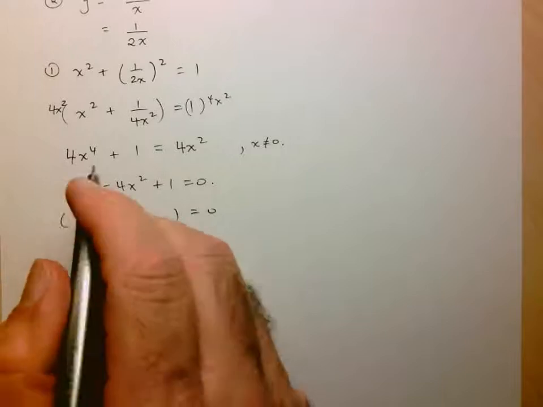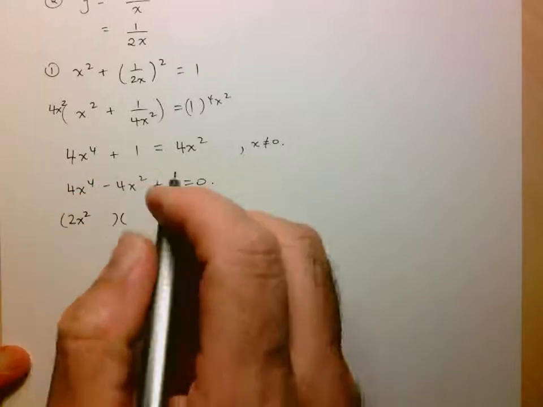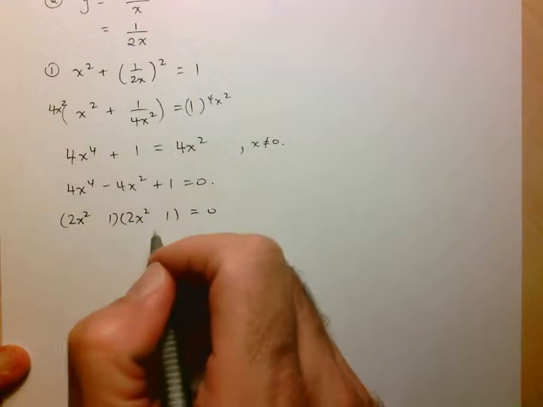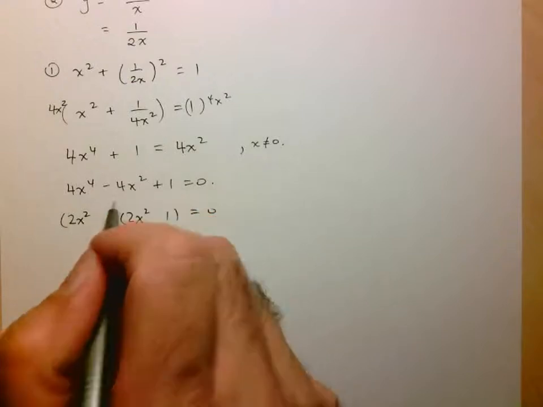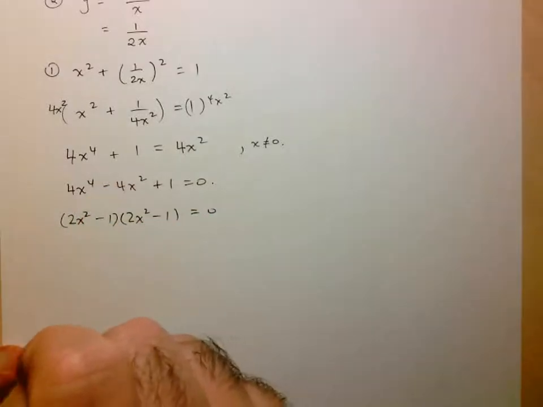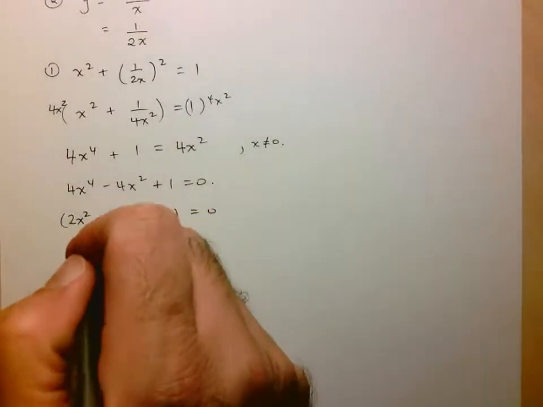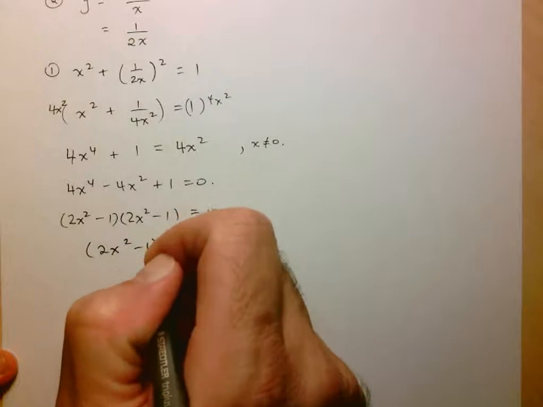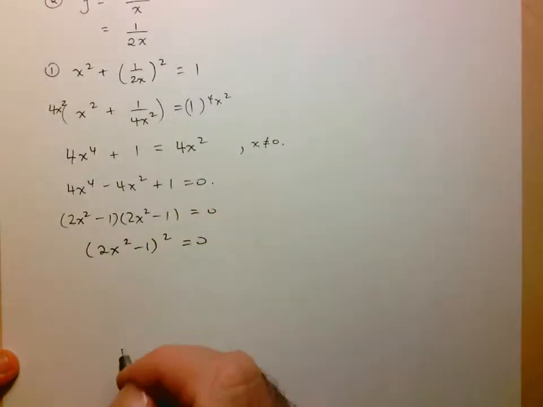So let's see if that works. If we make this 2x squared and 2x squared, 1 and 1, with subtractions, that gets me to negative 4x squared. So the factorization of the left-hand side is 2x squared minus 1, all squared, equal to 0.